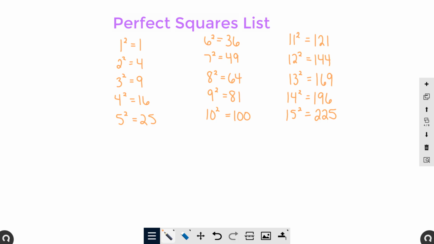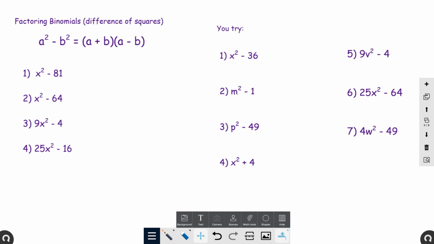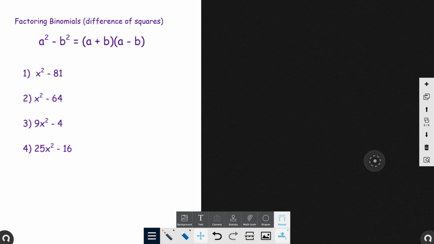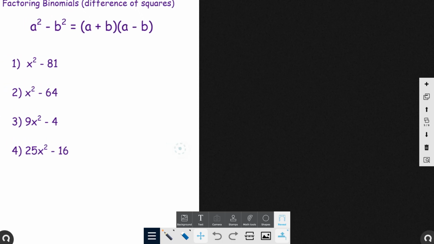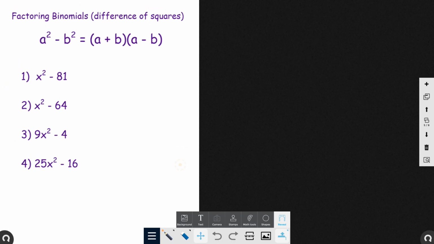So the next thing on our list to factor is difference of squares. What does the word difference mean? Subtract. And squares are talking about perfect squares that we have. So, write down this information. Also, difference of squares problems are always binomials.